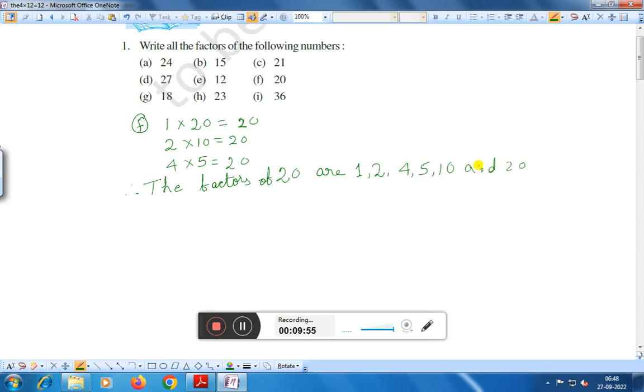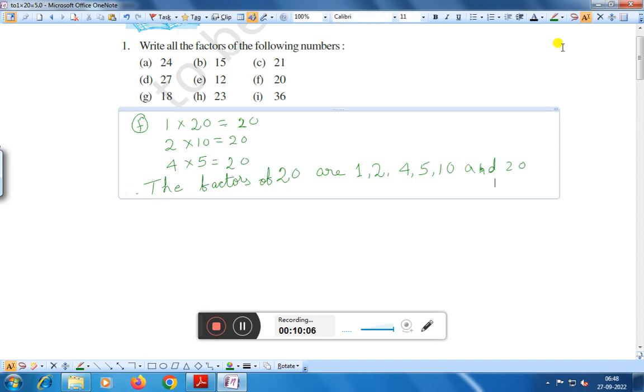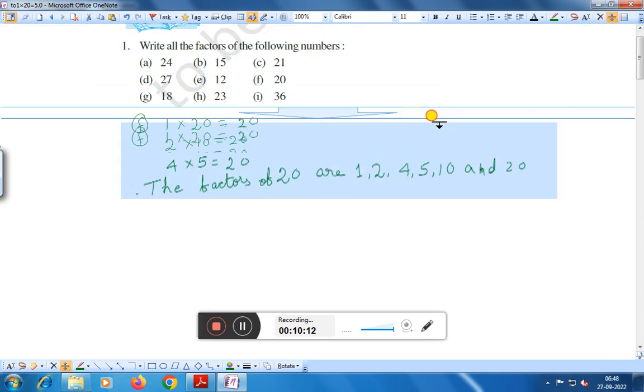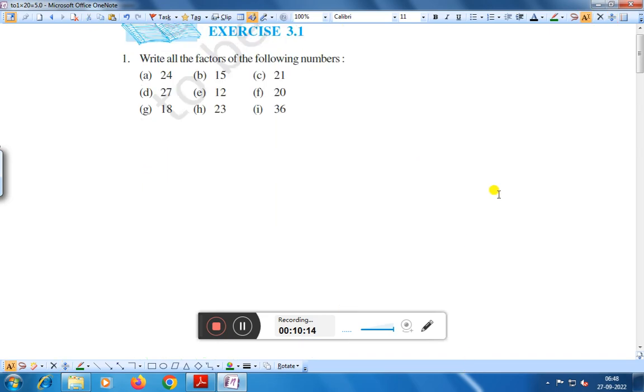Right? These are the factors of 20. Now we'll do the next question, that is question number G. We have to find the factors of 18.